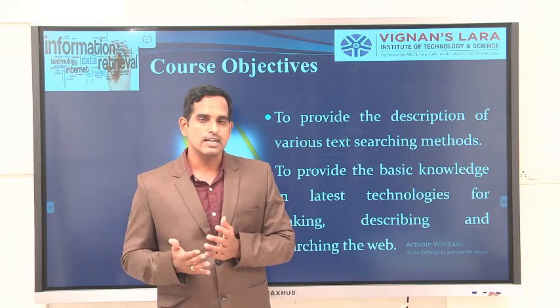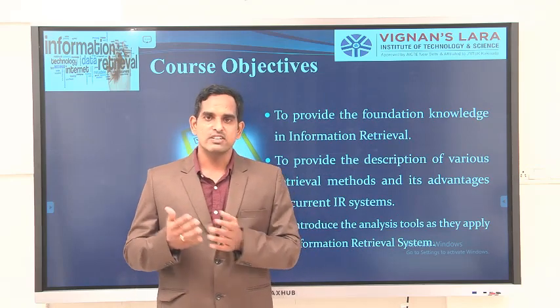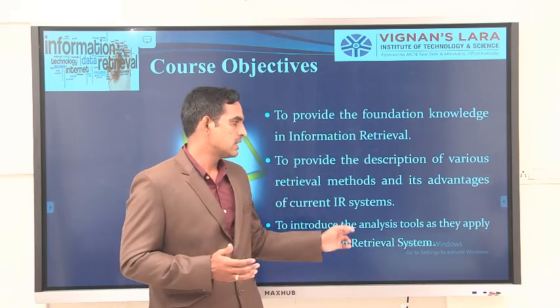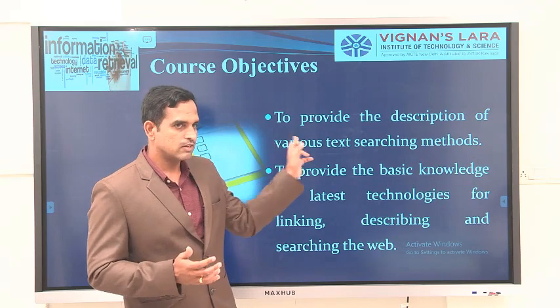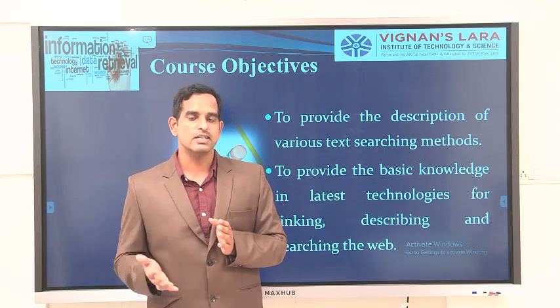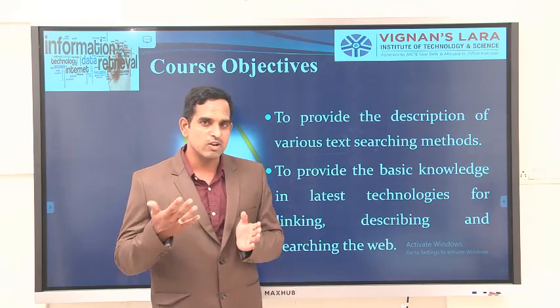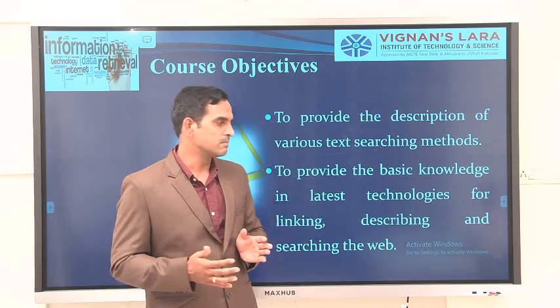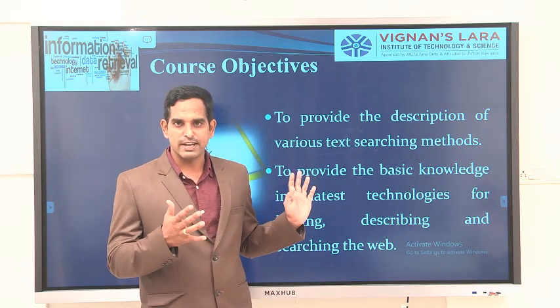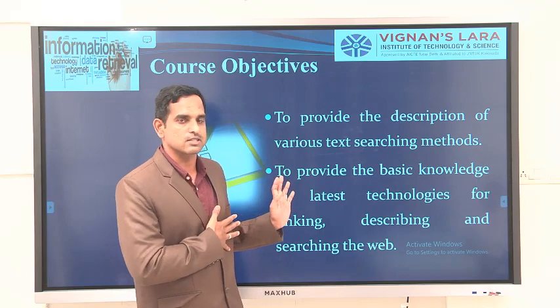Third, we will be looking at the analysis tools for your information retrieval systems, and next the analytical tools. Apart from that, we will be looking at the text searching methods for the information retrieval systems, and at last we will be learning about how to search the web. So these will be the four or five course objectives of the course on information retrieval systems.